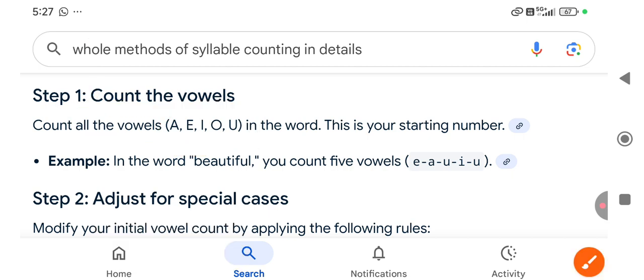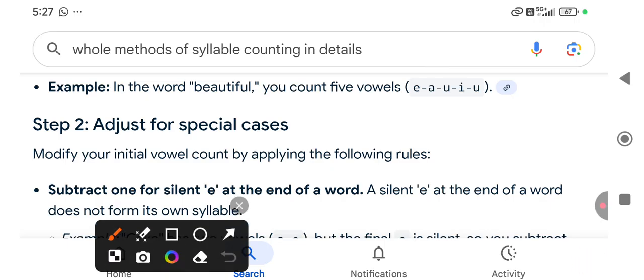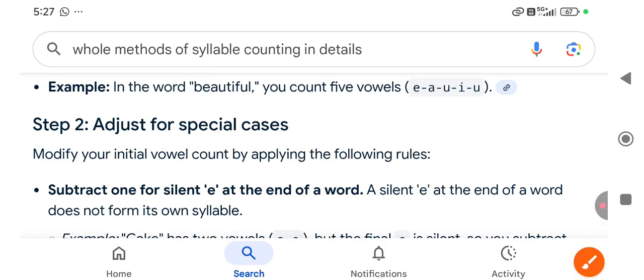How? First is the word beautiful, right? A five-vowel word. So you just filter out the vowels: one, two. I'm doing it again.